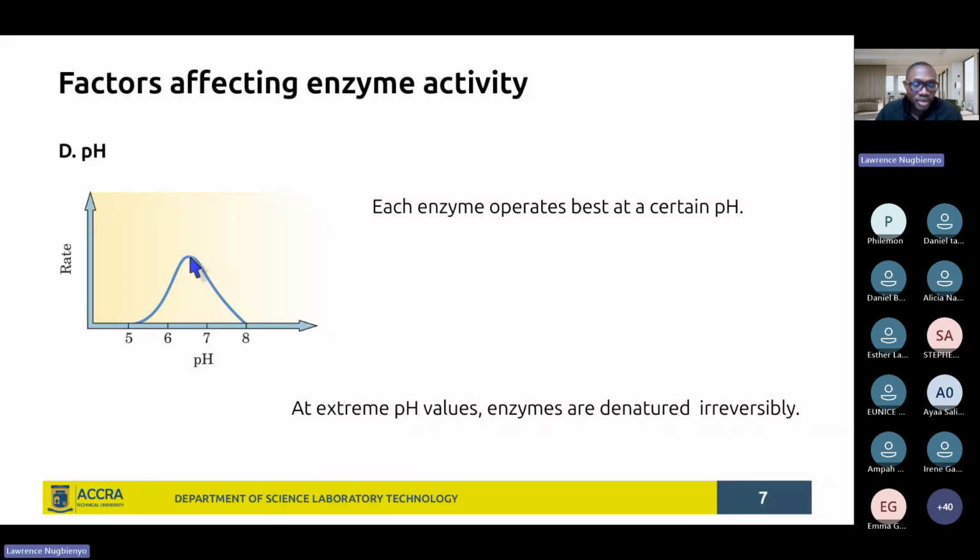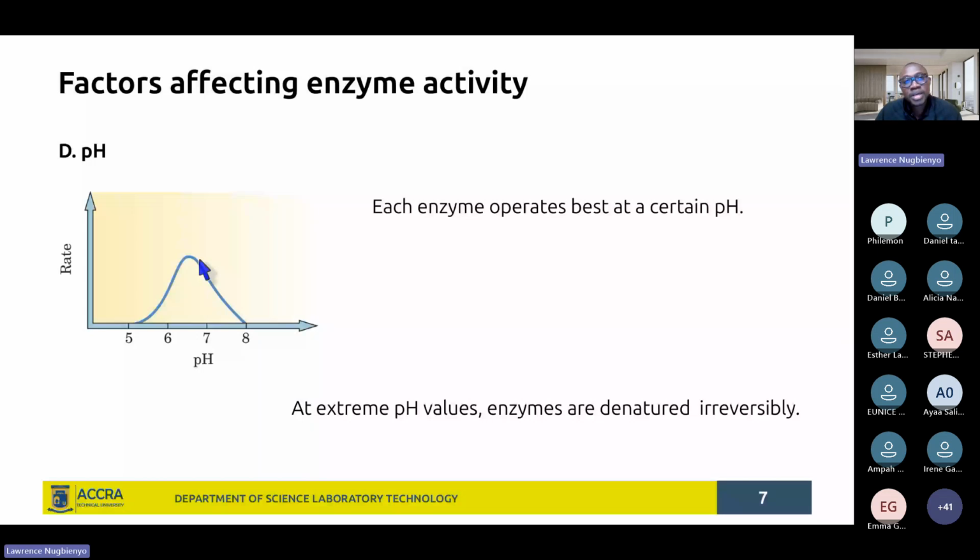That is, when the pH level is reduced below that optimal pH, the rate of the reaction is reduced. And similarly, if the pH is increased above the optimal level, it can also result in reduction of the rate of enzymatic reaction.